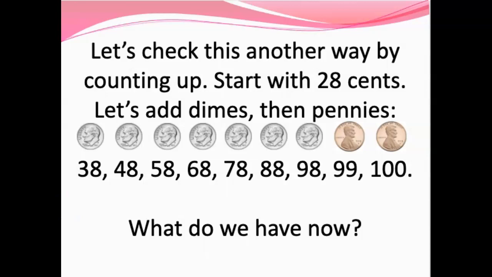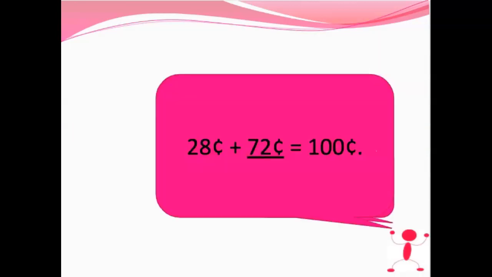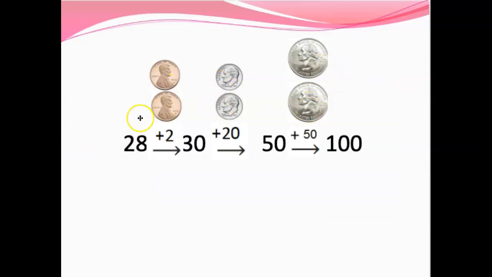What do we have now? $1 or 100 cents. So adding on dimes and then pennies was another way that we could have solved this problem. Both ways we added 10, 20, 30, 40, 50, 60, 70, 71, 72 cents on, but we showed them in different ways. This way we used dimes and pennies. Earlier we used quarters, dimes, and pennies.